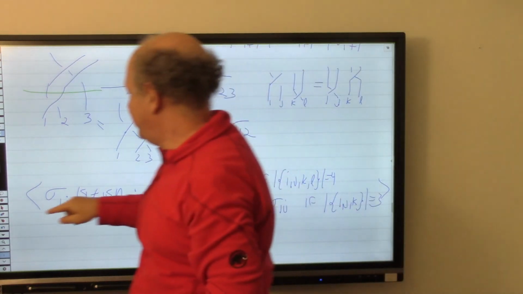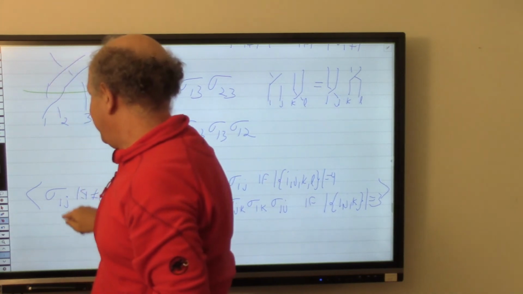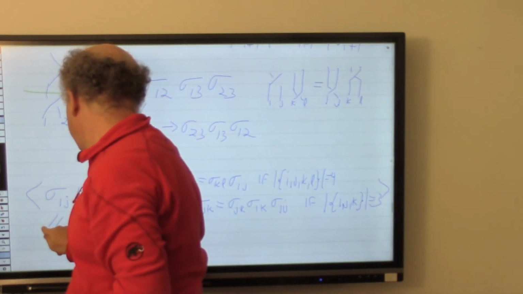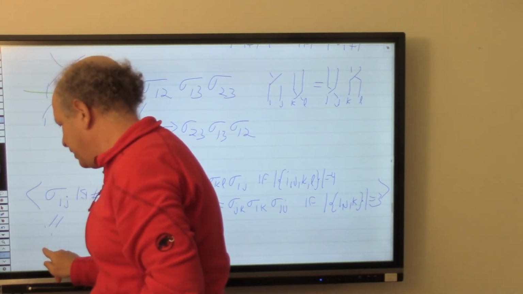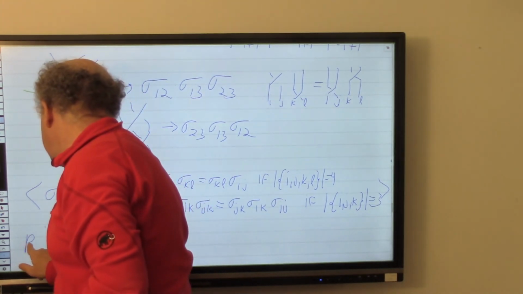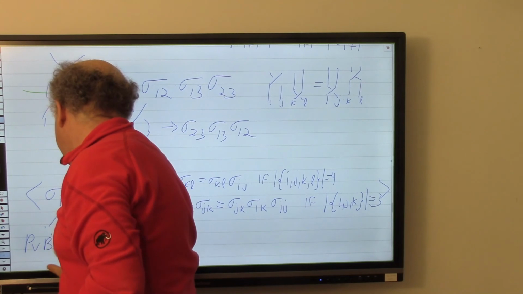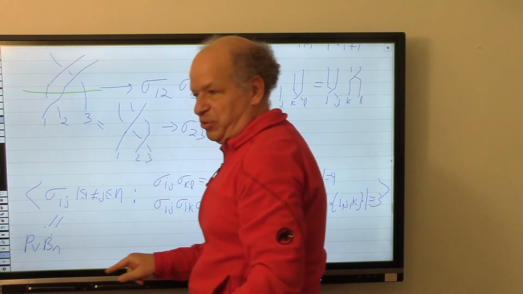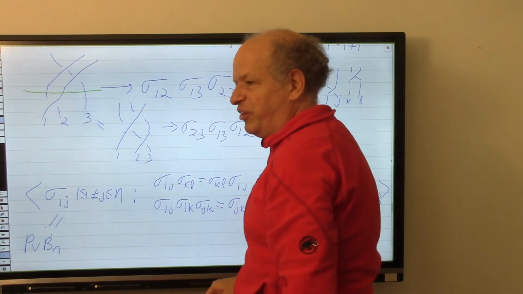So, let's give this group a name, and let's call this group, by definition, PvBN, and later I will tell you how it is significant.